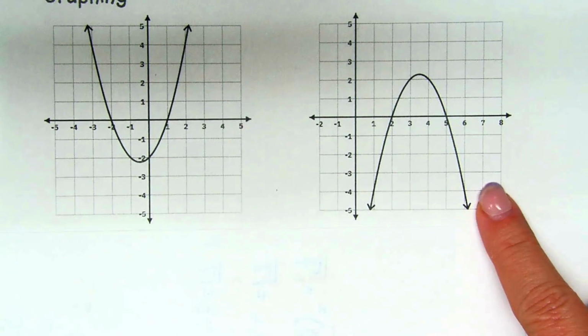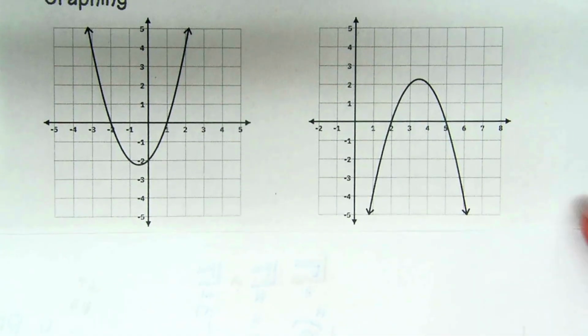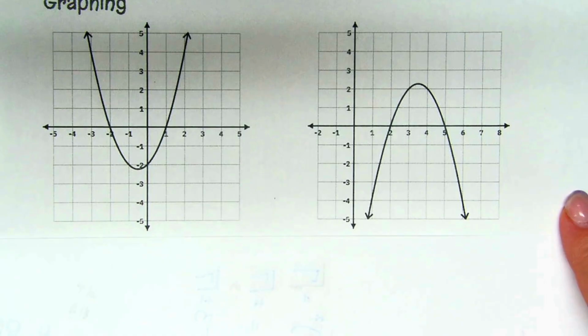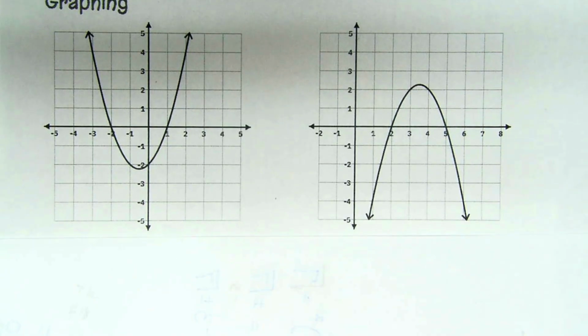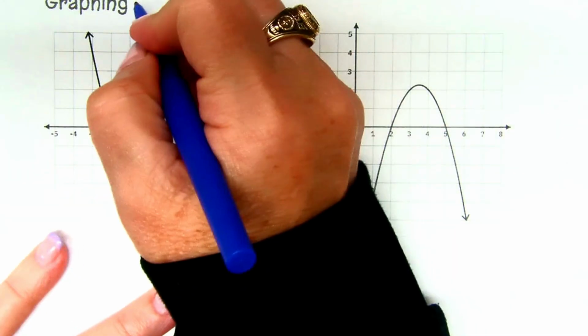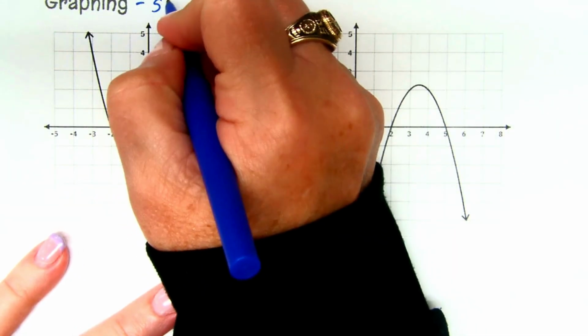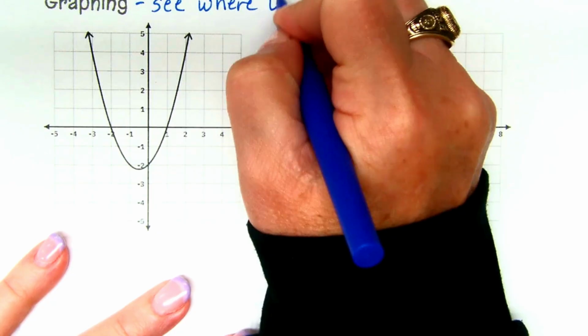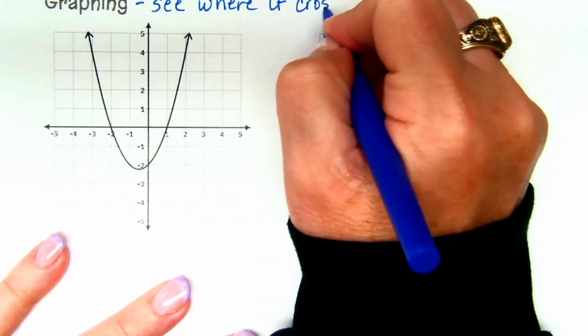So if we're solving by graphing, what are we doing? Yeah, we're graphing it, but how does that help us solve? Can you be more specific for me? I need to see where it crosses.